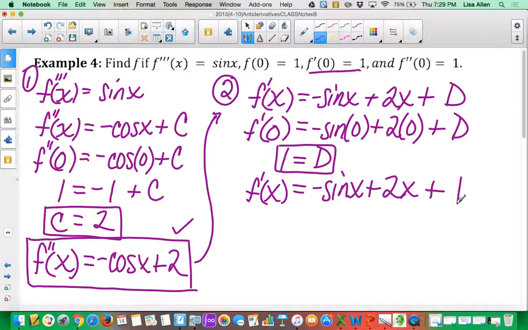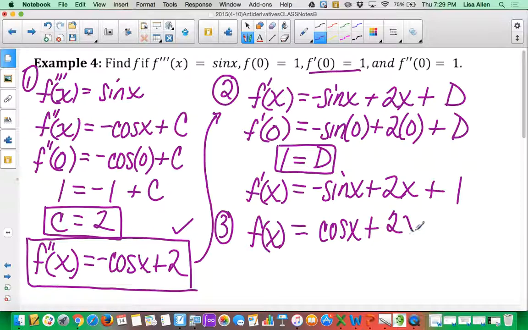Now I'm going to take the antiderivative of the first derivative and I'm going to get f of x. So now f of x is the antiderivative of negative sine, which is cosine x, plus the antiderivative of 2x. It's going to be 2x squared over 2.